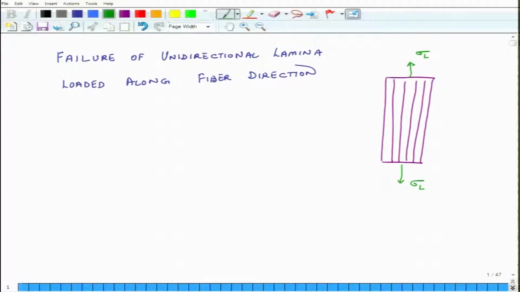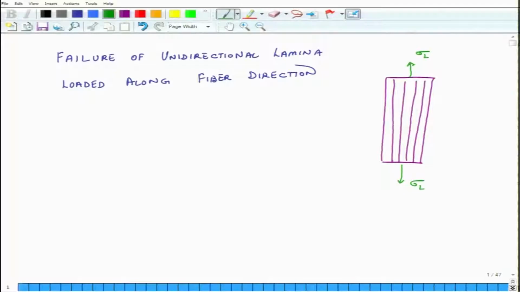We had defined longitudinal, transverse and transverse prime directions in the last week. So, I am applying the external load in the direction of the fibers, and because of that load the stress in the composite is sigma L. Then I want to discuss how does this lamina or this composite, which is unidirectional in nature, fail.